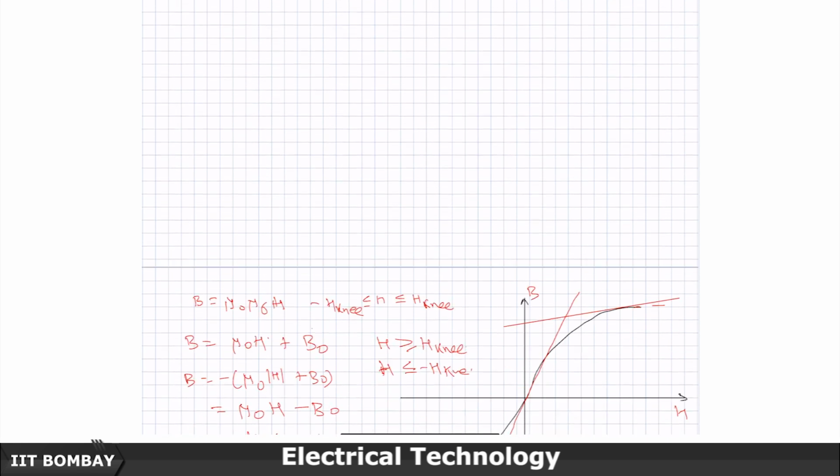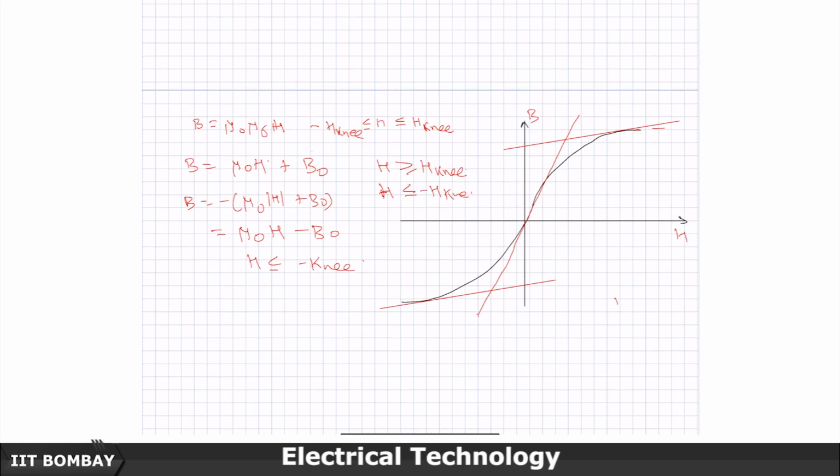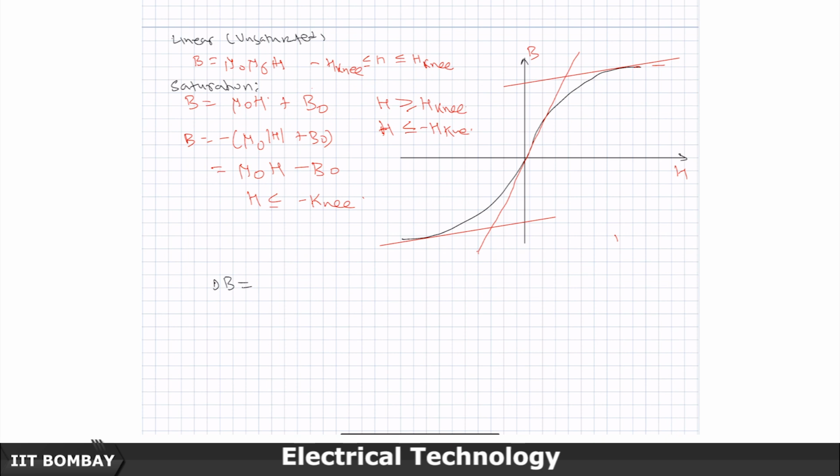Okay. So coming back, this becomes my set of equations. There are many, but if I just say this is the linear region where it has not saturated, unsaturated, and this is the region where it has undergone saturation.